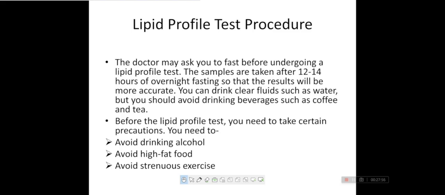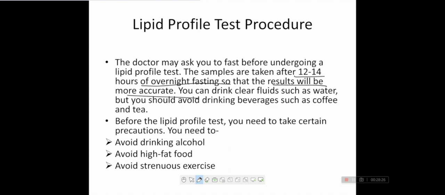What is the procedure for the lipid profile test? The doctor may ask you to fast before undergoing a lipid profile test. The sample is taken after 12 to 14 hours of overnight fasting so that the result will be more accurate.